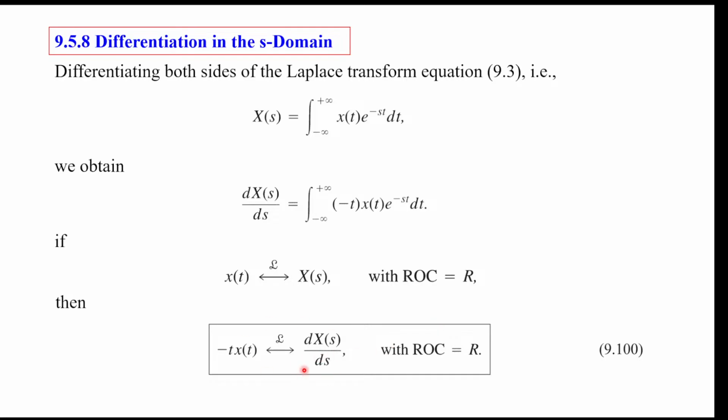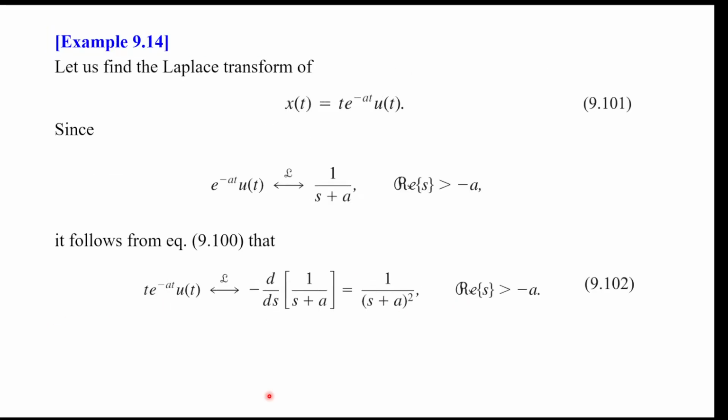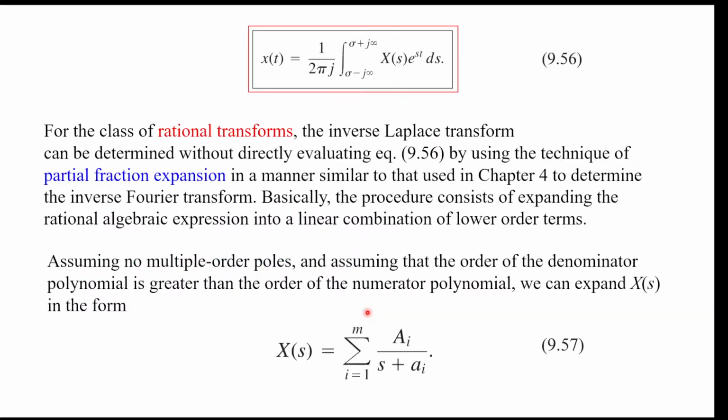Okay, and now we have the differentiation property, then we can derive something very useful that we already know we need to do. We need to derive the inverse Laplace transform of the higher order poles. Remember for inverse Laplace transform of rational functions, we say we want to do partial fraction expansion, and just look up the formula to do the inverse Laplace transform.